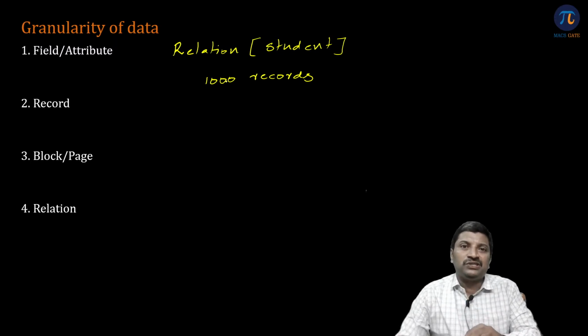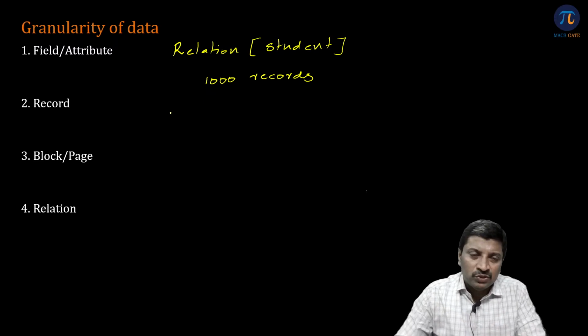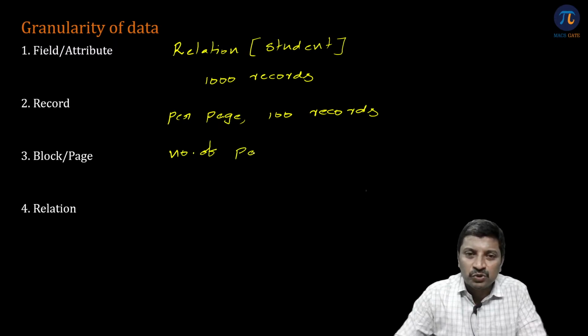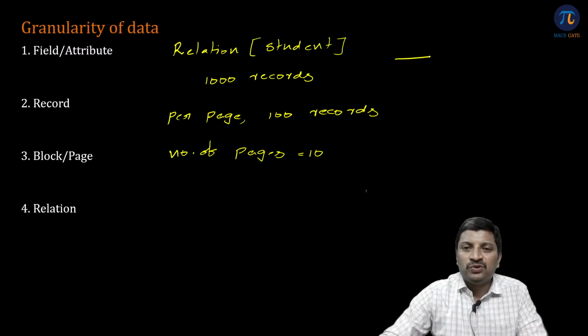In hard disk, everything will be represented in terms of pages. So let us assume per page we can write only 100 records. Then how many pages do we need to store this relation? We need 10 pages.